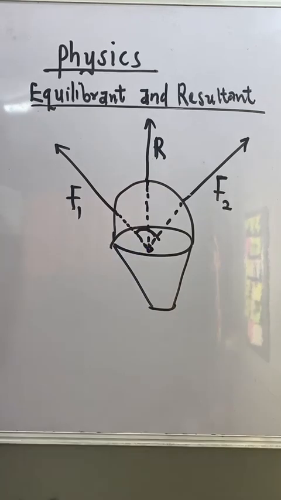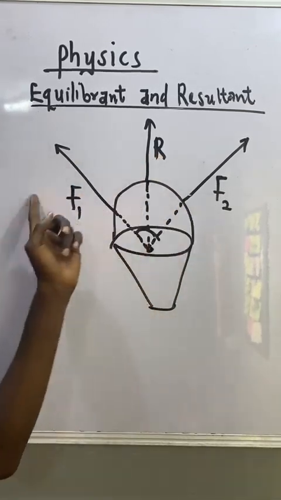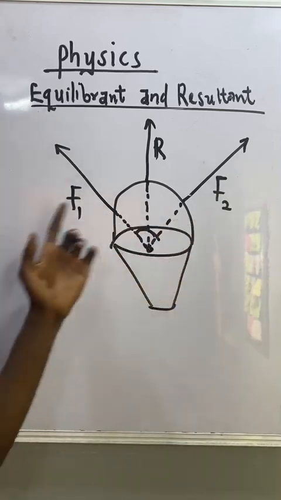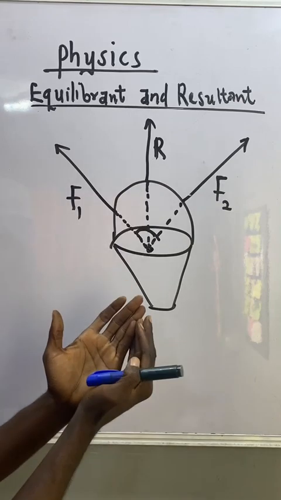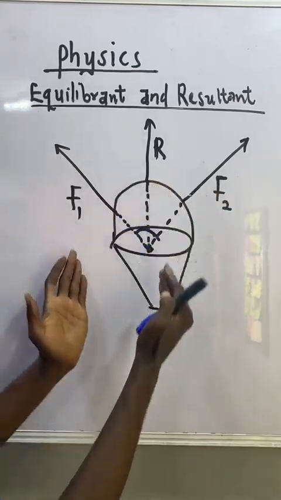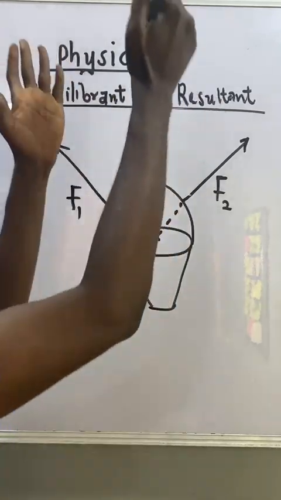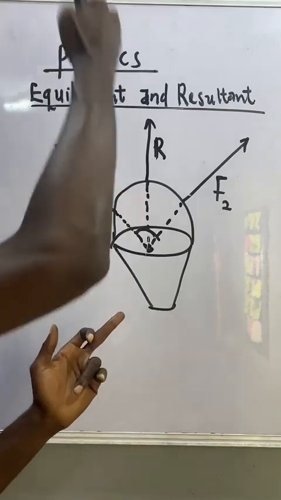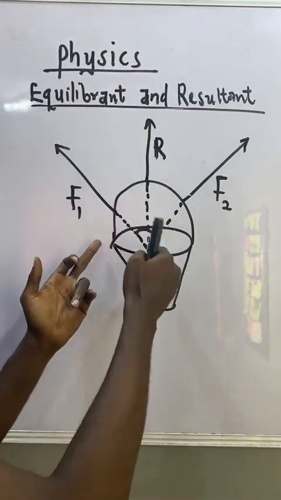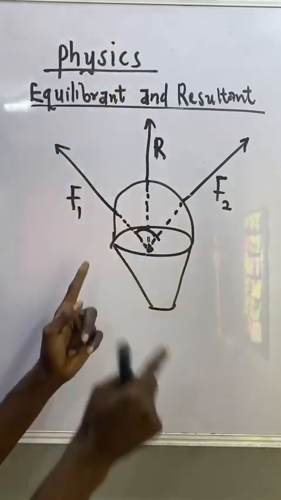The resultant is a single force that is obtained when two or more forces are compounded together, when two or more forces are added together vectorially. These two forces produce an effect of dragging this bucket up, so the force that indicates the single effect of these two forces is called the resultant.